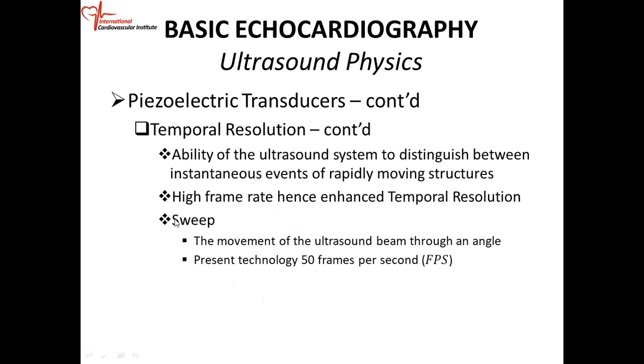And when we talk about a sweep, it is a movement of an ultrasound beam through an angle. The angle may be 30 degrees, 45 degrees, 60 degrees or 90 degrees. So it's a movement of the ultrasound beam through an angle. That's a sweep.